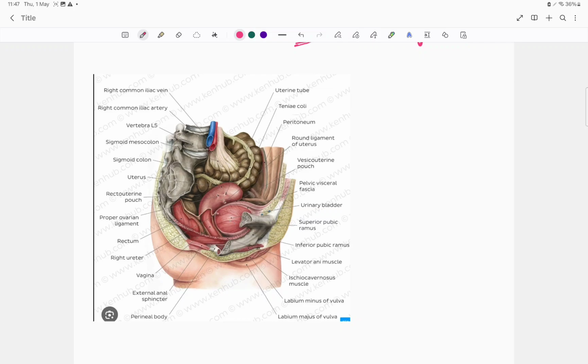In between the urinary bladder and the uterus there is a small pouch, the vesicouterine pouch, which is important. And there is a space between the uterus and the rectum.